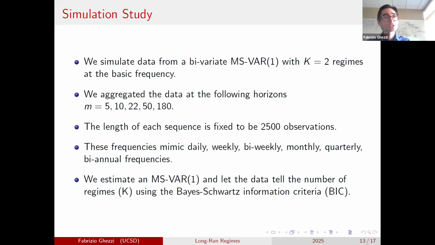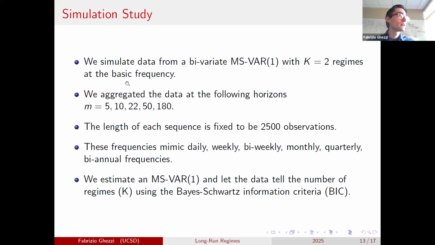Starting from the simulation study, what I do is that you can play and have long run processes with many observations. That is what I do in the simulations. I simulate a scale of different frequencies that we might be interested in.